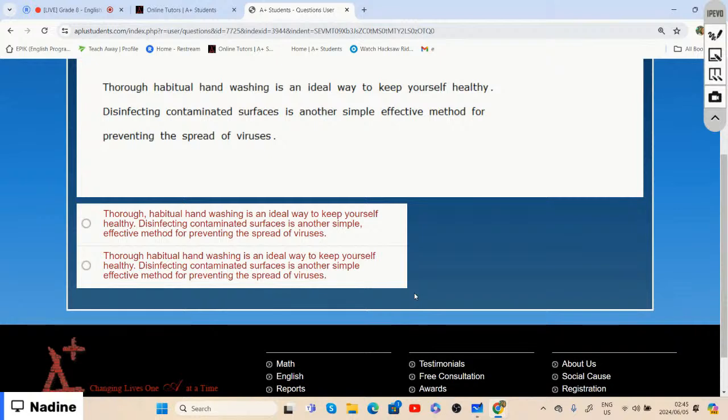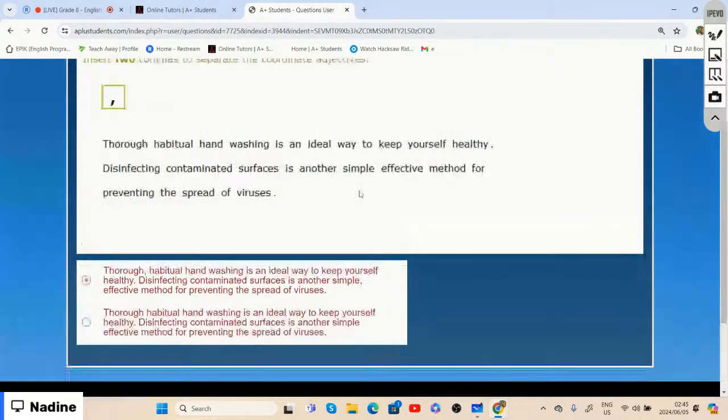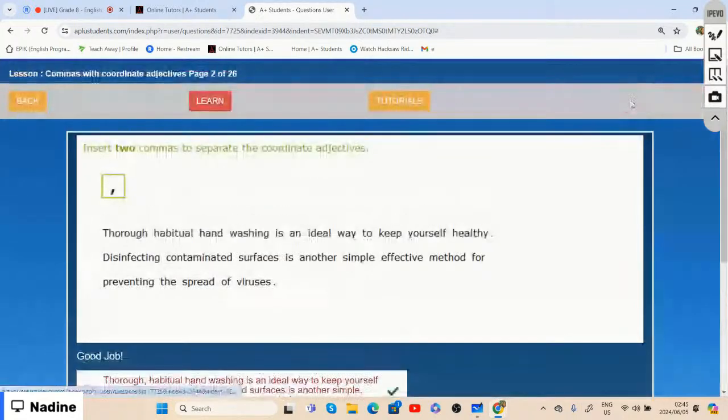And we need to choose the correct option, right? That shows that we had added our commas wherever we need to add our comma. All right, and if we were to choose the correct one, then yes, we'll choose option one, right? So well done. All right, let's do the last one.